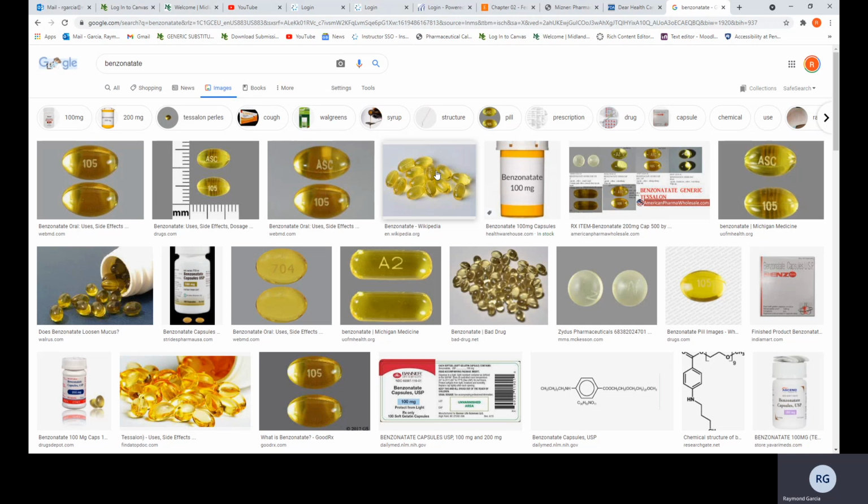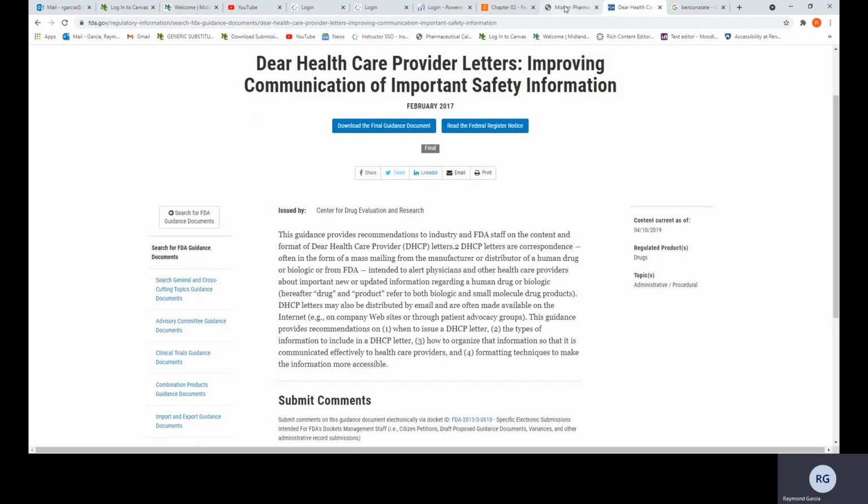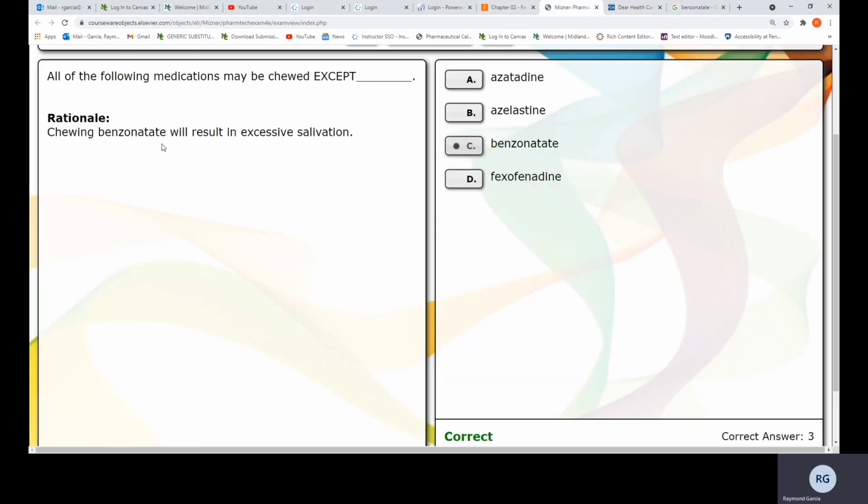And again, it does say that chewing benzonatate will result in excessive salivation. Yeah, it's hydro. That's what I'm saying. Let me see if there's any.